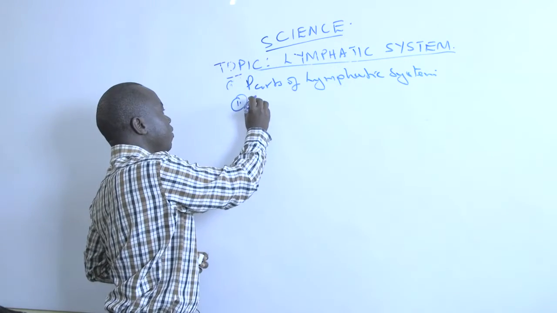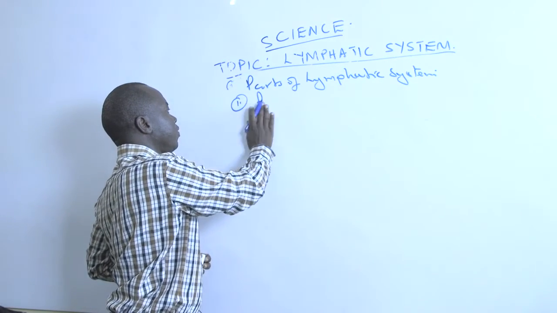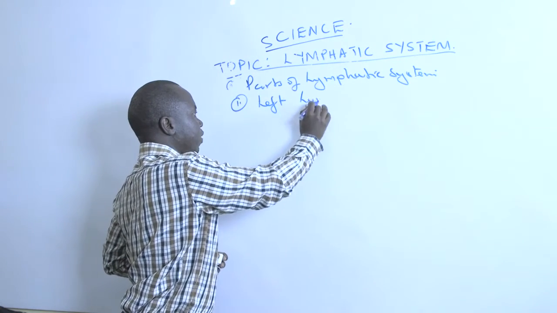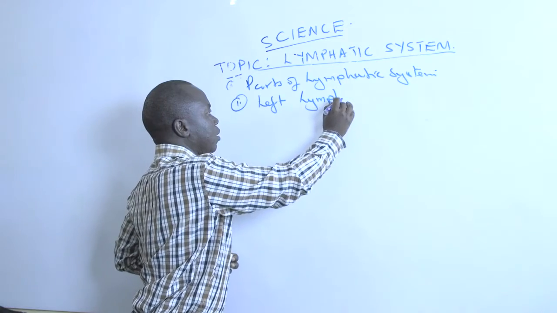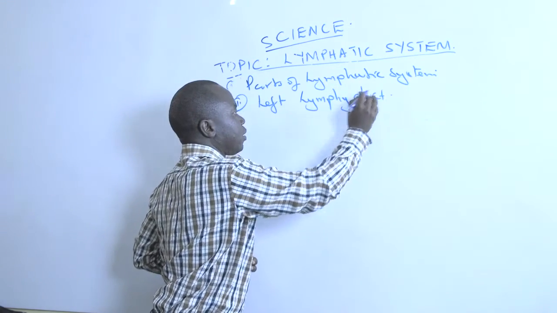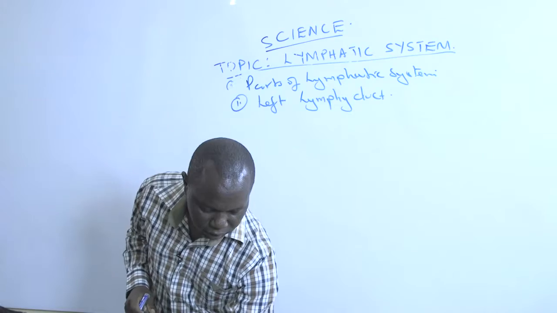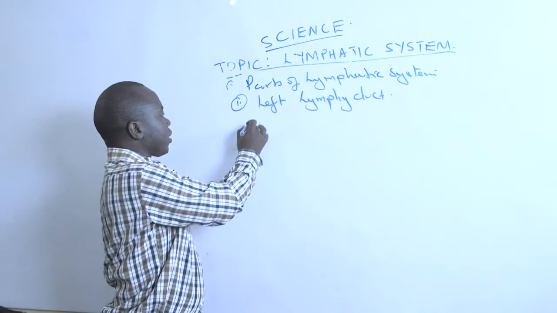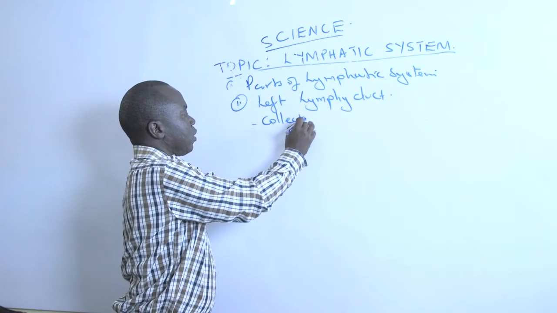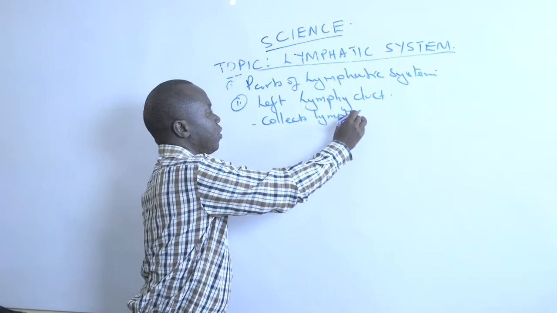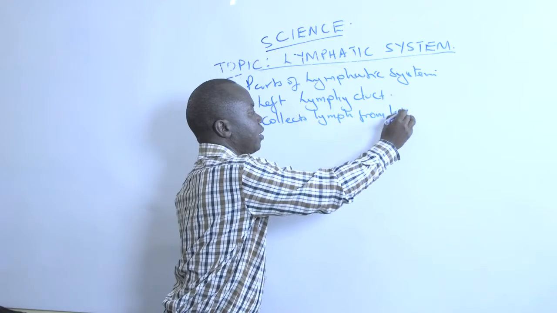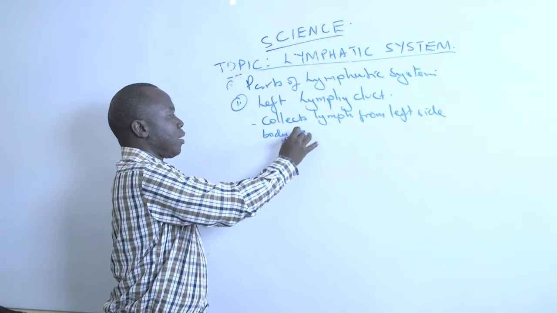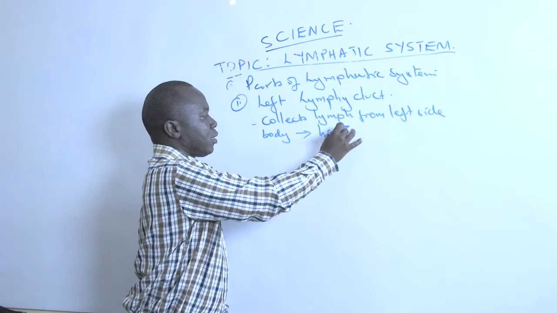One of them we have identified, the left lymph duct. The left lymph duct usually collects lymph from the left side of the body and drains it into the heart.